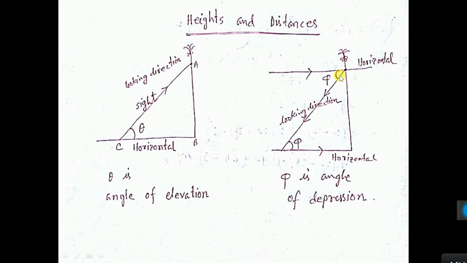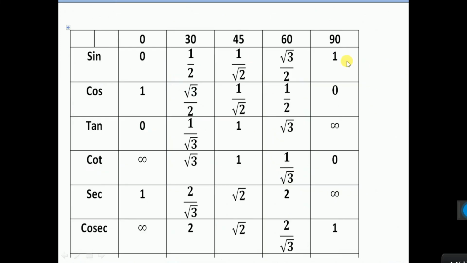Now these two are the very important things for height and distance problems, and this is the table required. This is the table required to solve it, because the sine values of 0 degrees, 30 degrees, 45 degrees, 60 degrees, and mainly the tan values are required.